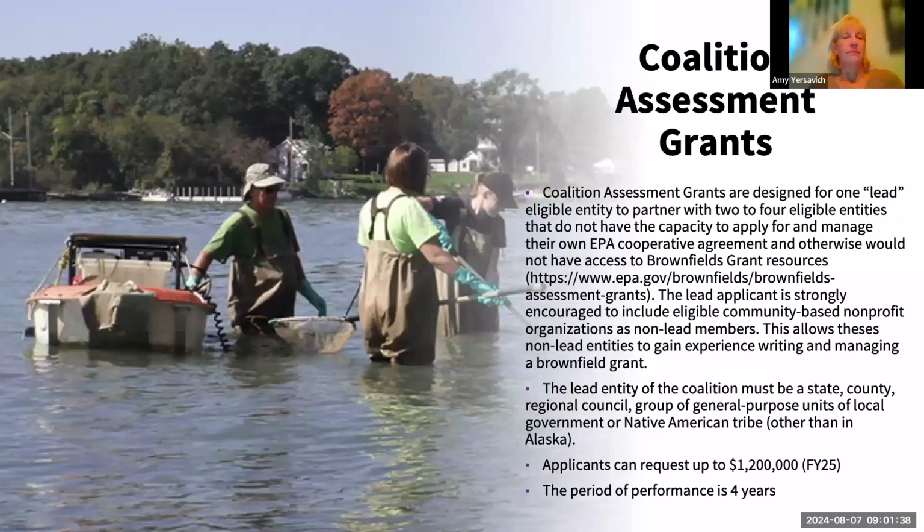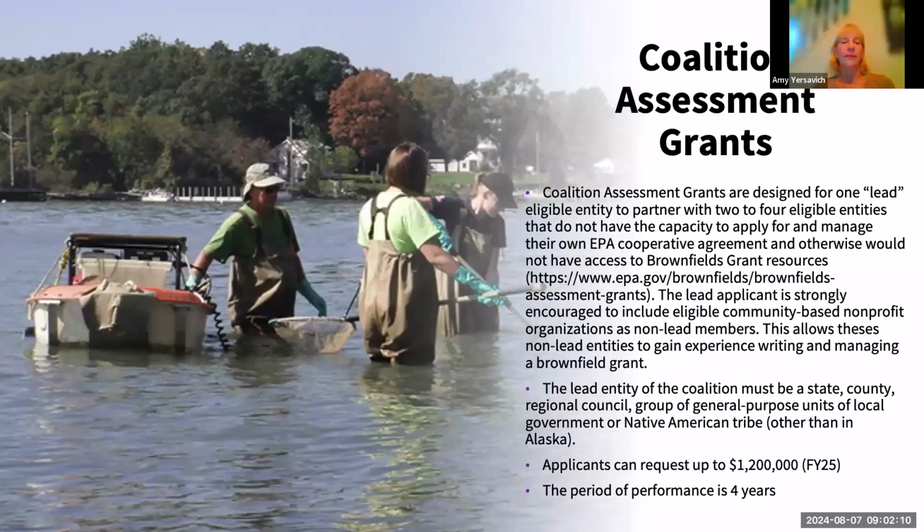Coalition assessment grants. This is where you have a lead, and that particular lead in the coalition has experience working with assessment grants. Generally, they're going to be a regional or state entity, as I mentioned, with a lot of experience doing these grants. They can be a state, county, regional council, group of general purpose units of government, or a tribe.